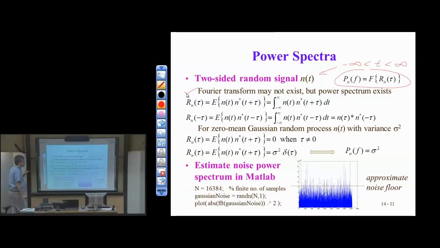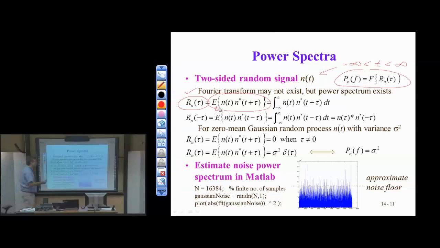So we come up with another definition, one that will reduce to what we have on the previous slide. I define the autocorrelation as the expected value of the noise signal times a conjugated and shifted version of the same signal. What does that mean? The expected value is simply some sort of averaging effect over all time, with respect to little t, of whatever's in the curly braces.